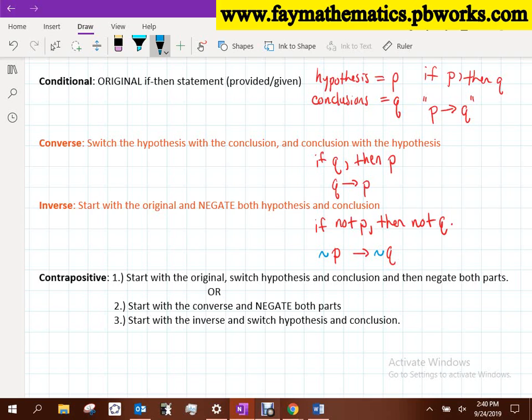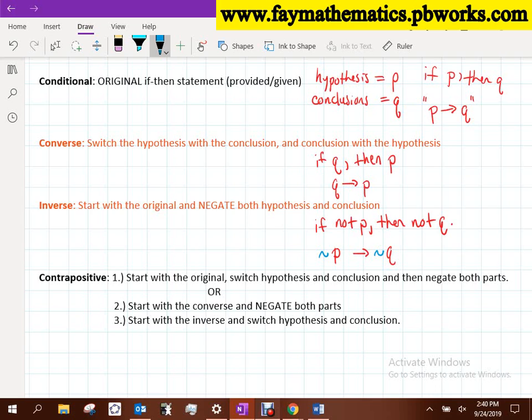Does that make sense to everybody? And that's where you get those statements 2 and 3. If you want to come up with the contrapositive by starting with the converse, you've already got that statement, and then just negate both parts, it will generate the contrapositive. If you want to start with the inverse, which is the original one, both sides negated, and then flip it, okay, that will also generate the contrapositive.